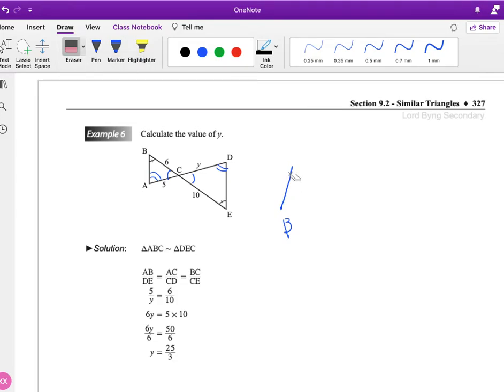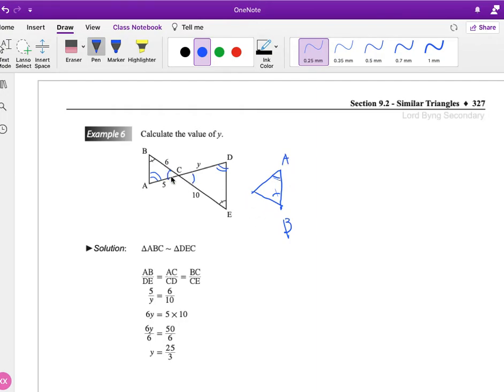Sorry, I did not draw it well, so let's erase this one. This one should be, as a matter of fact, parallel to that one. So that is that, and that is that, and that is that. So that's my smaller triangle. This angle and this angle are equal, so that is B. You see that? That is B. And this angle and this angle are equal, so that is my A here.